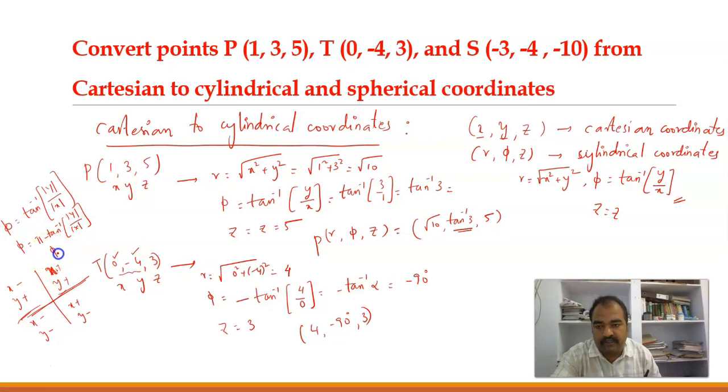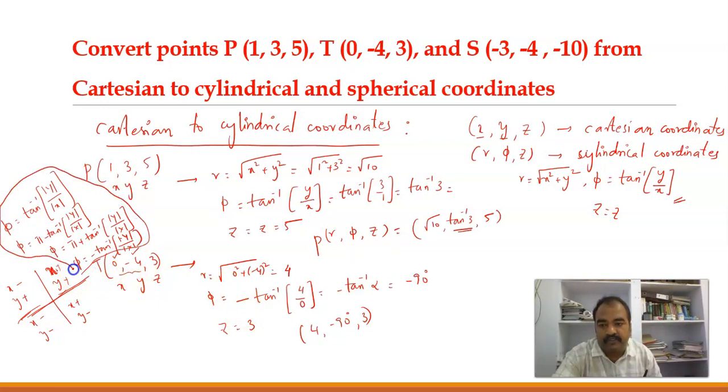For the third quadrant, you take pi plus tan inverse of mod y by mod x. And for the fourth quadrant, you take minus tan inverse of mod y by mod x. So this is the way you are supposed to employ the equation for phi based upon your quadrant. Okay.